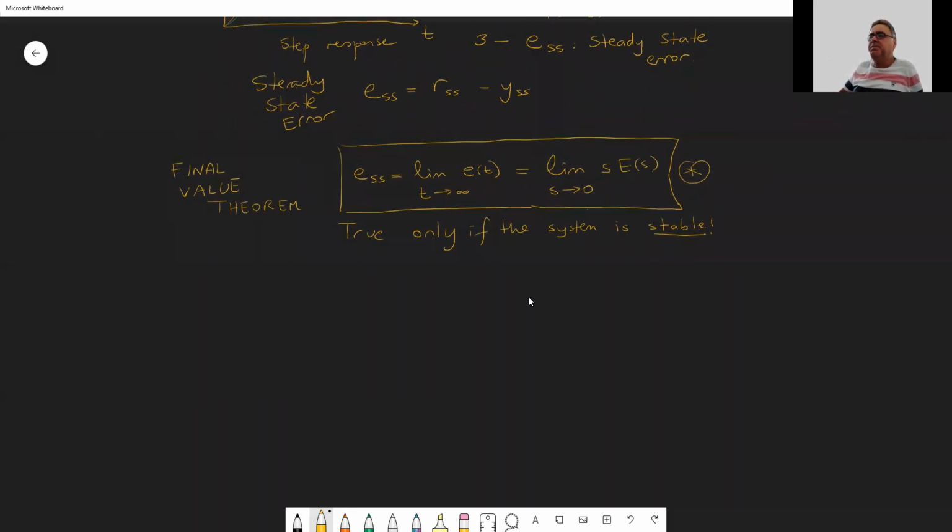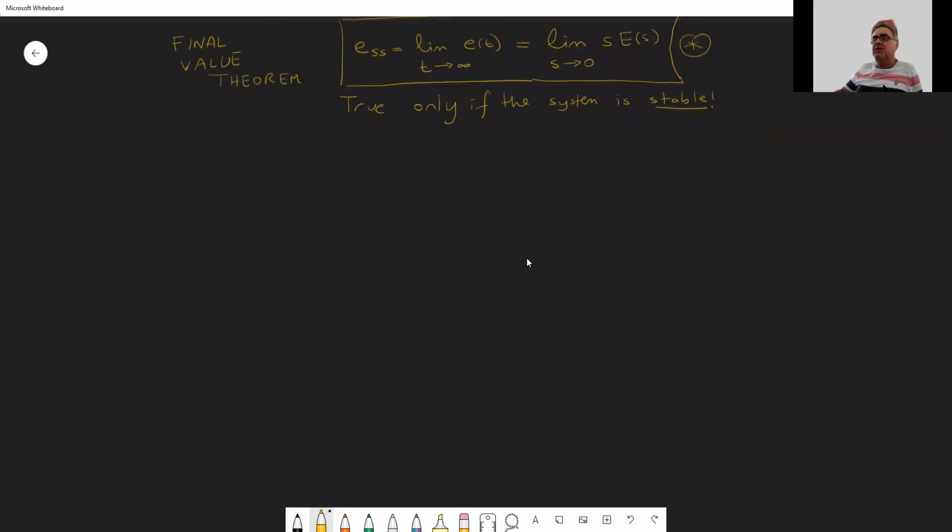So we will go step by step. It will be a little bit conceptually heavy, so you should listen carefully. As you might remember, we have two inputs. R of s, which is the reference input. And then there is the disturbance, which we call W. Disturbance is something we cannot control.